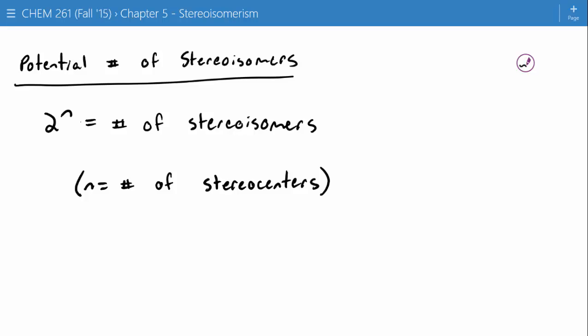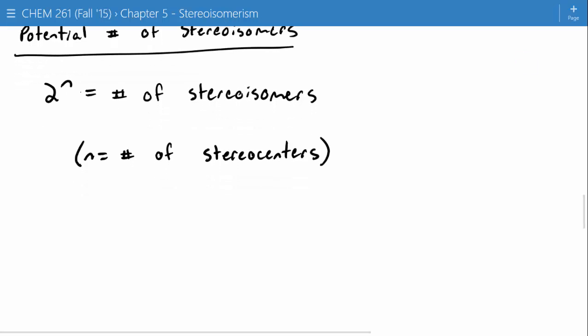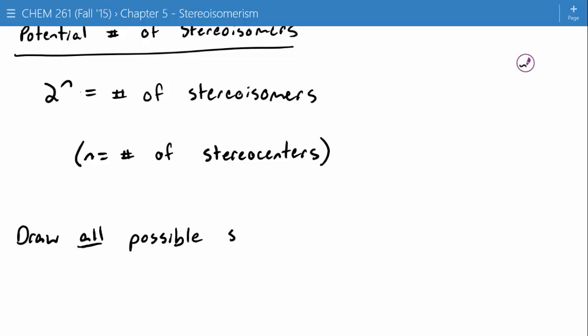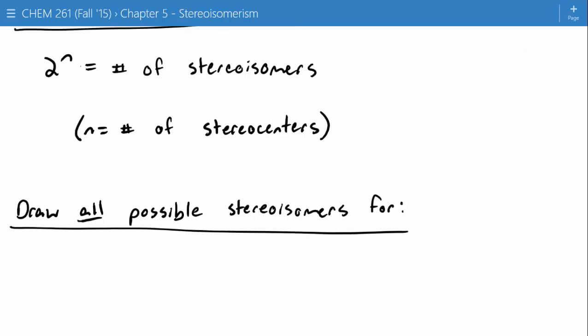But let's do a practice activity here. Draw all possible stereoisomers for the following.